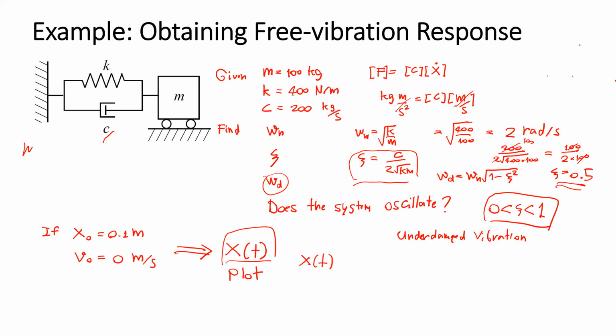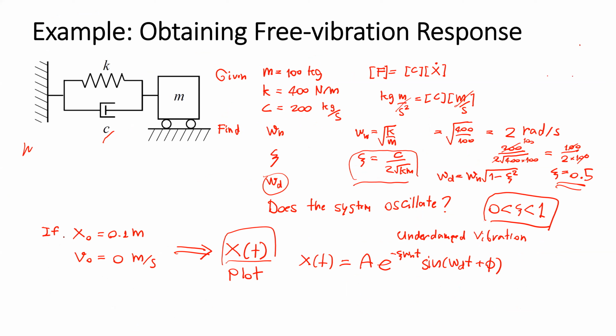So the response will be A multiplied by the exponential decay and sine of omega d t plus phi.